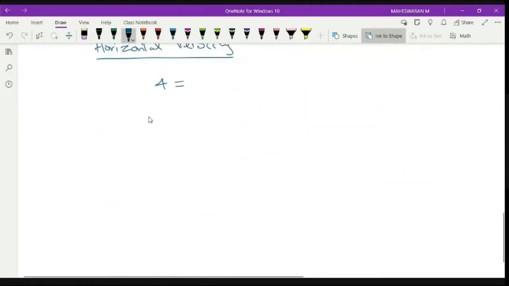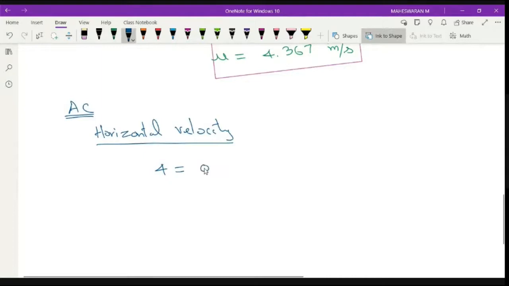So 4 is equal to 0.866 ut. This is my equation 3. You know that x is equal to ux into t, so I am substituting and getting this.